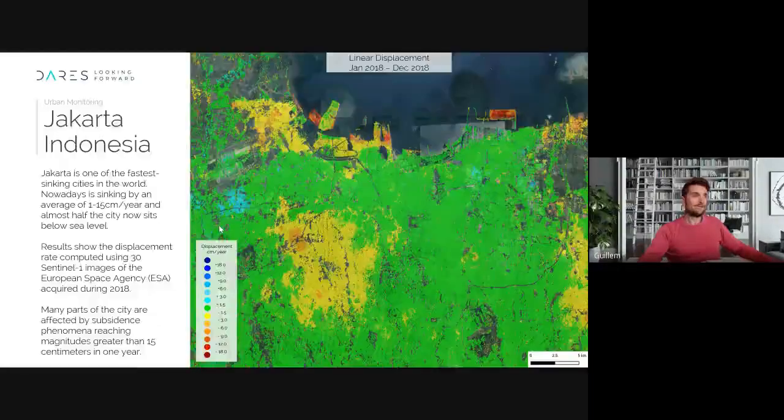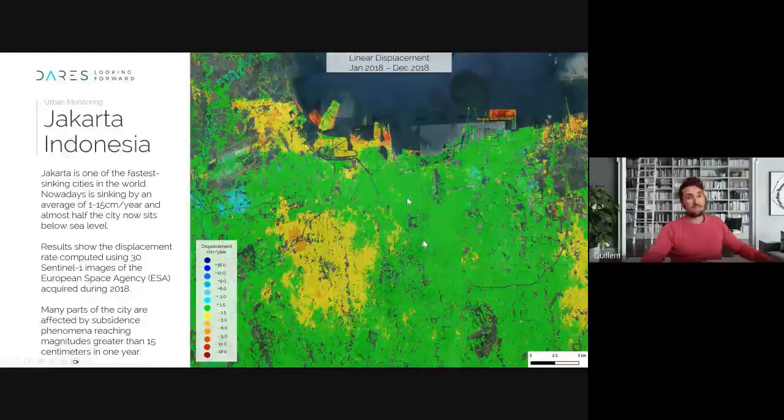Here we have some examples of InSAR analysis. This is the city of Jakarta, and here we got the displacements over the city. Green points are, this is in line of sight, remember.